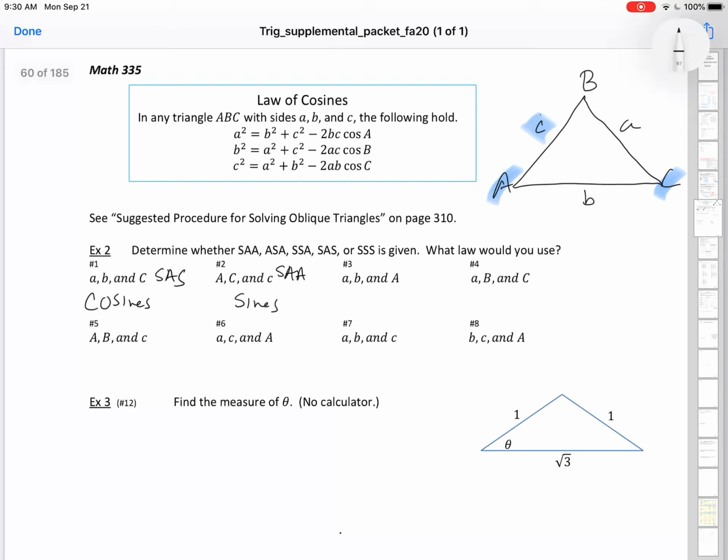What about the next one? We're just going to go through these one by one, ideally pretty quickly, right? Little c, capital C. Okay, side a, side b, and angle A. What is that? That's side side angle, right?